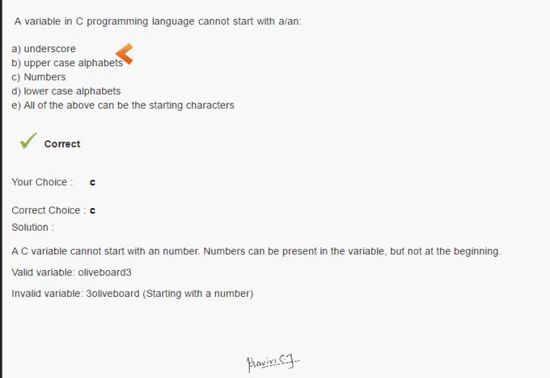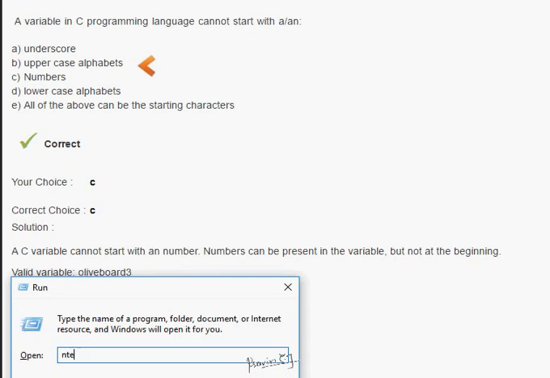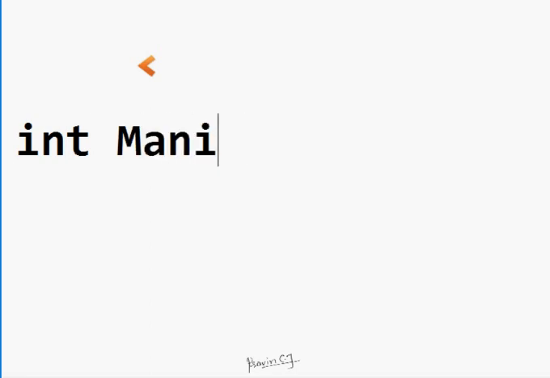Okay, next question: a variable in the C programming language cannot start with what? Variables can start with an underscore, and yes, an uppercase alphabet too. Let me ask you one important question: whether this is correct, "Integer main", can main be a variable?